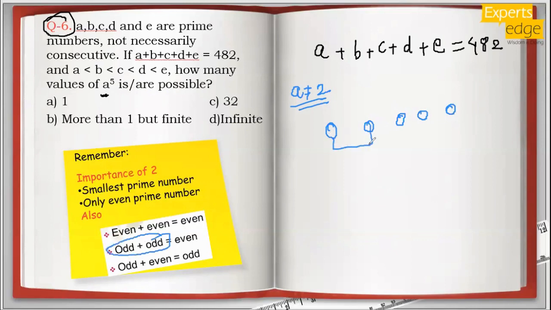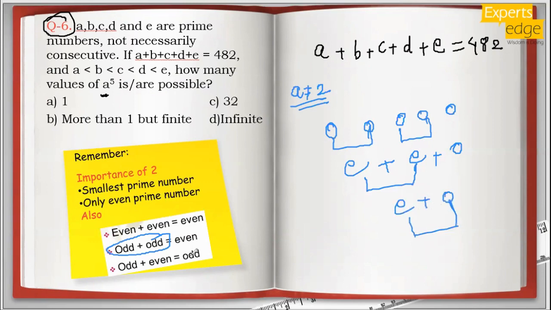So this will result in even, this will result in even, and this will be odd. Also I know even plus even is even, and even plus odd, the net result of this will come out to be odd. But the result I want, 482, is even.